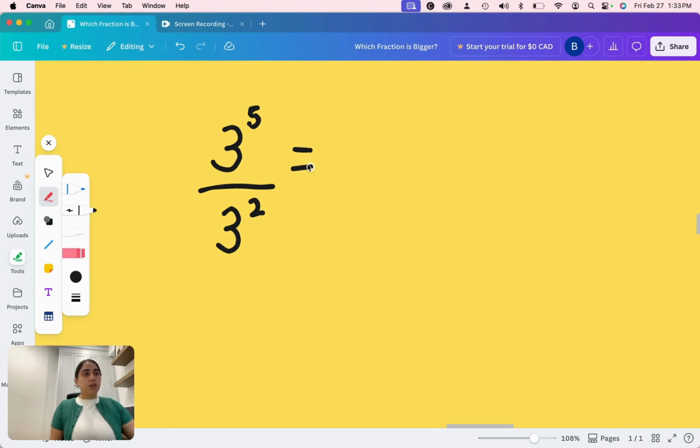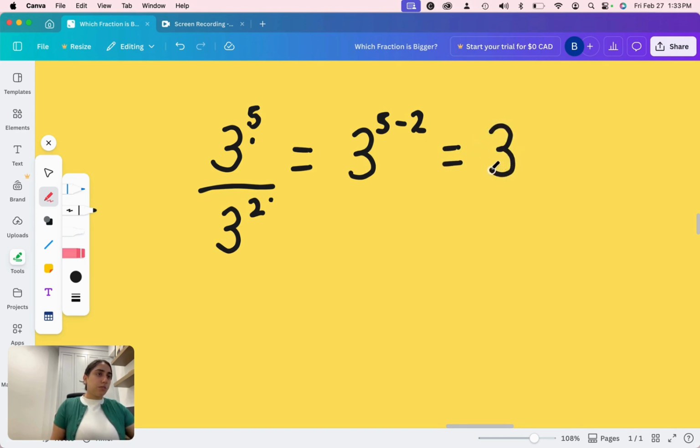Well, according to the quotient law, the way we can simplify this is by subtracting the exponents from one another. So this is essentially saying 3 to the power of 5 minus 2, which simplifies to 3 to the power of 3.